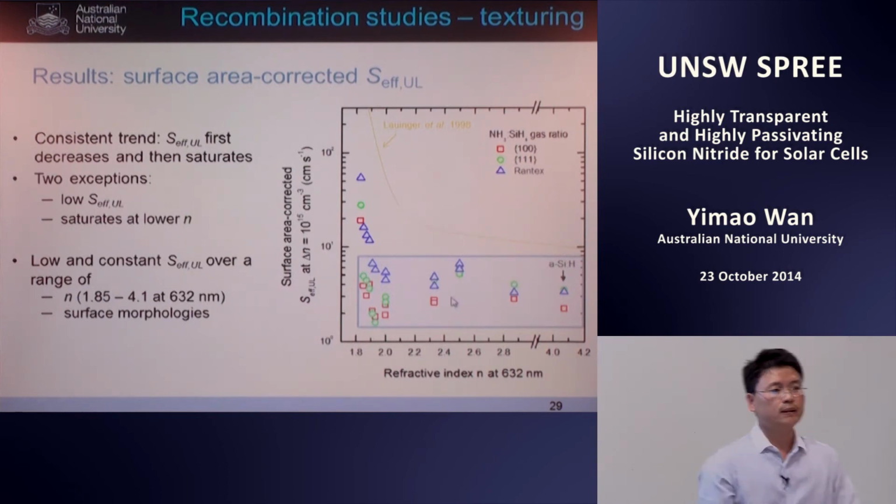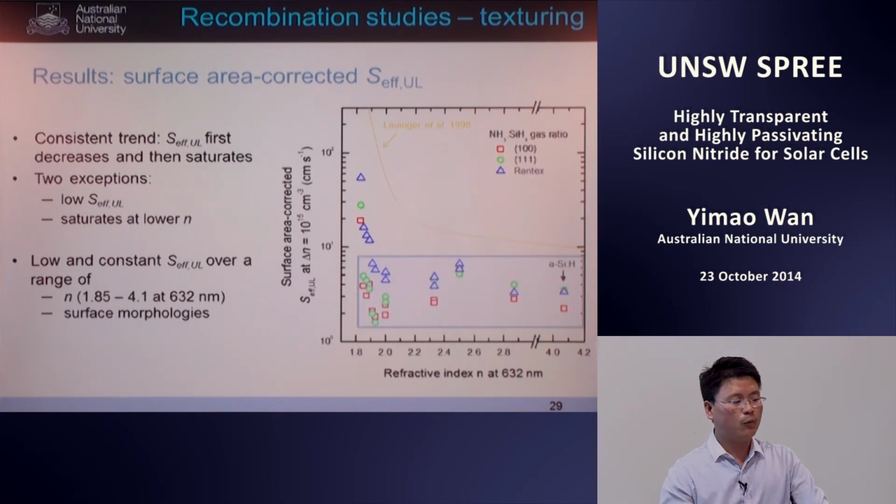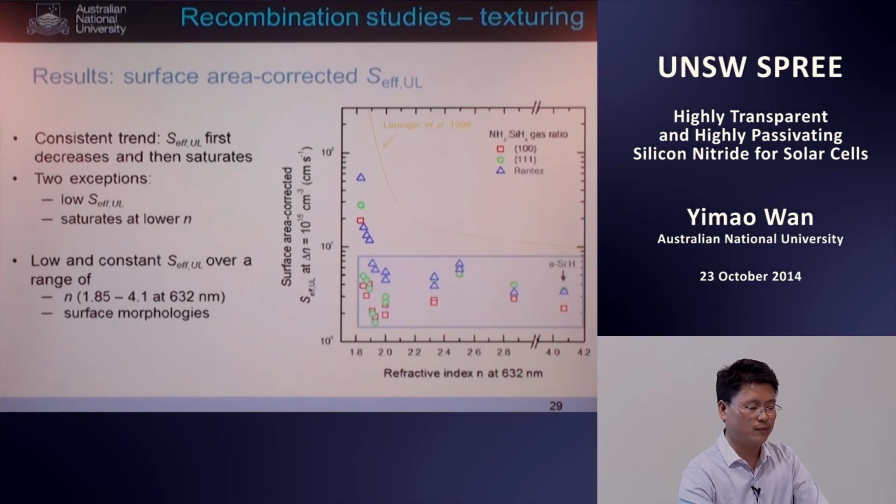That means we open an even wider optical window or process margin to optimize the optical properties for AR function, without sacrificing the passivation quality of silicon nitride.